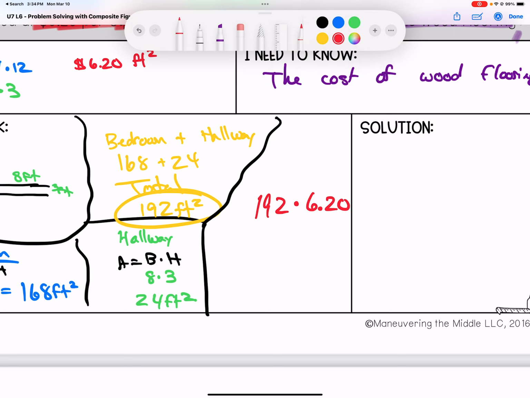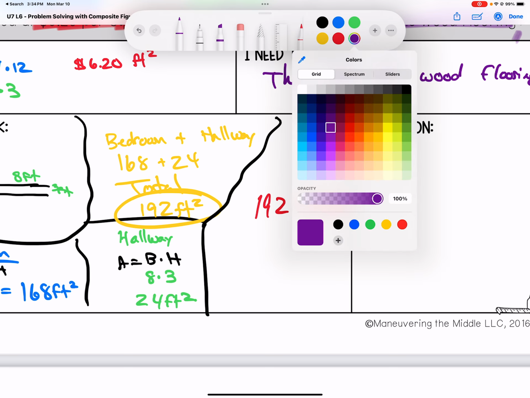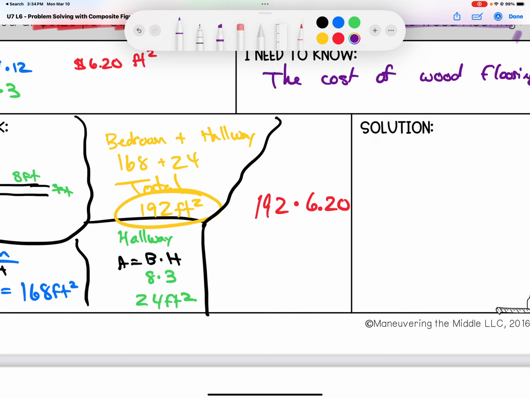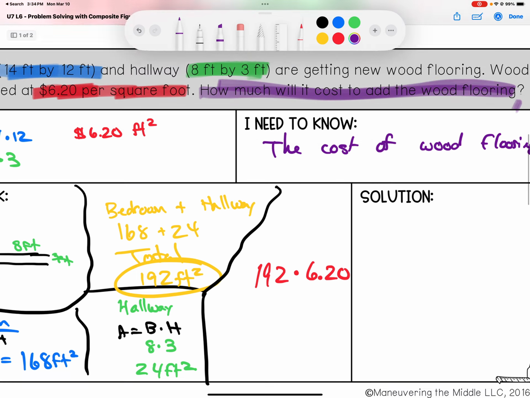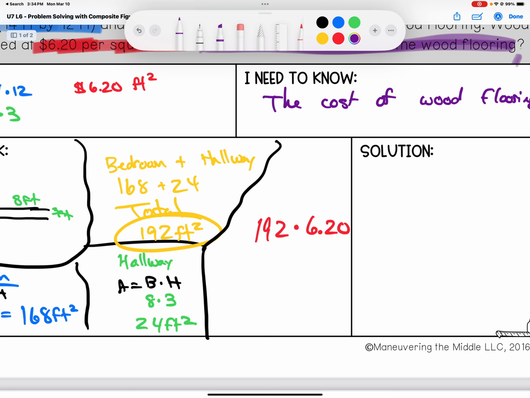Okay, I don't know why my pen wasn't working there. My pen died on me? Huh. How about that? All right, so I guess I'll write with my finger. So the total cost, because now we're dealing with cost, so that's going to be, oops. I don't even know if I can write without my pen.